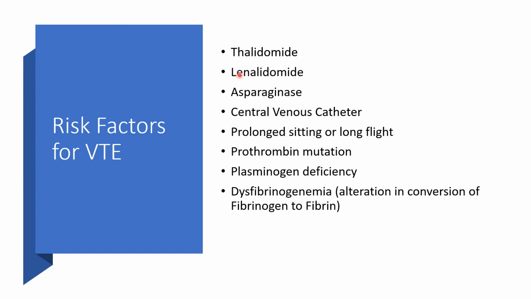Still on the risk factors for venous thromboembolism will include medications like thalidomide, lenalidomide, asparaginase, procedures like central venous catheterization, prolonged sitting or long flying, like from across the Atlantic or across the Pacific, prothrombin mutation, plasminogen deficiency, dysfibrinogenemia, that is alteration in conversion of fibrinogen to fibrin.